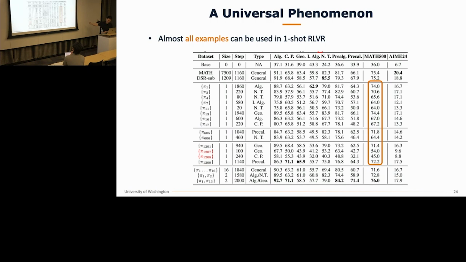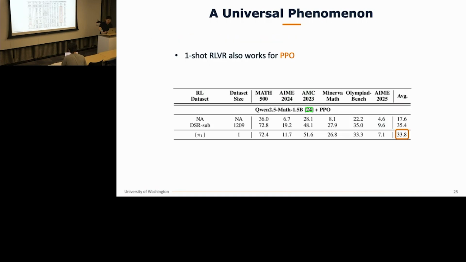Okay, so that's the first message I want to show you, that it's quite universal across different examples. Secondly, it's also universal across different algorithms. GRPO and PPO are arguably nowadays the two most popular algorithms. We also tried PPO, and basically observed something similar on all of these benchmarks.